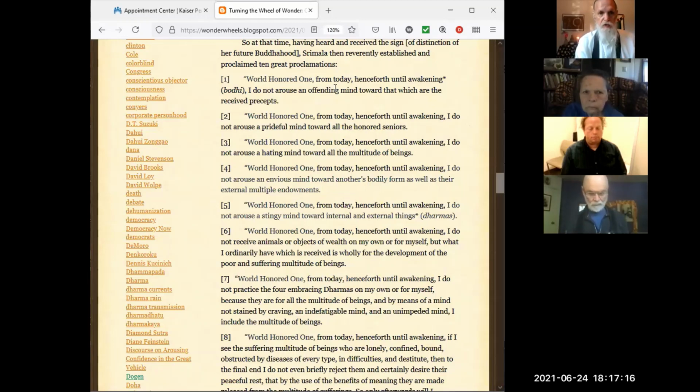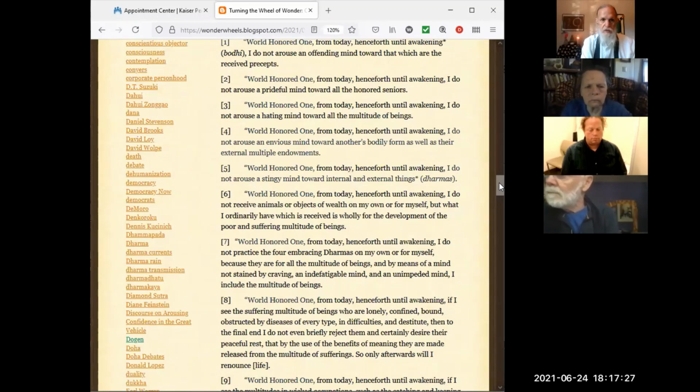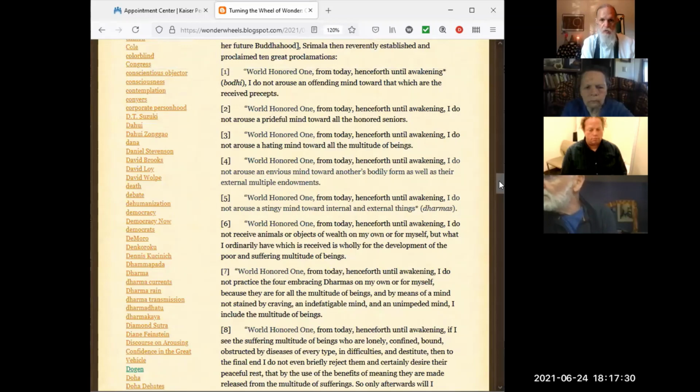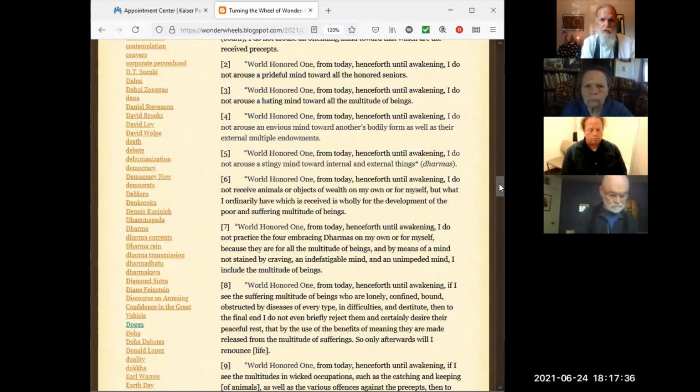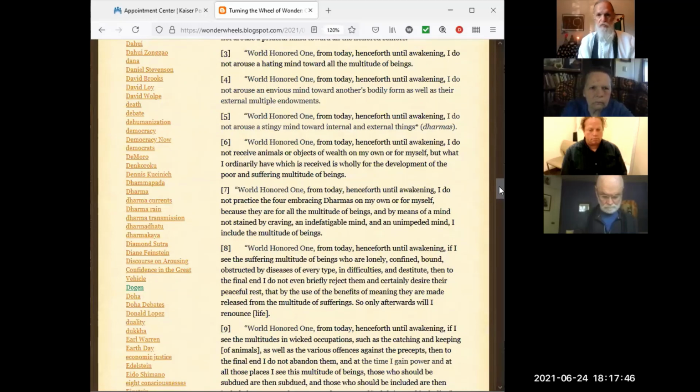And the first 5 are about the minds she is not going to arouse in relationship to the items mentioned. Not going to be offending towards the precepts, not have a prideful mind towards the elders, not have a hating mind or an aversive mind towards all beings, not having an envious mind towards any particular person's form or endowments, possessions.